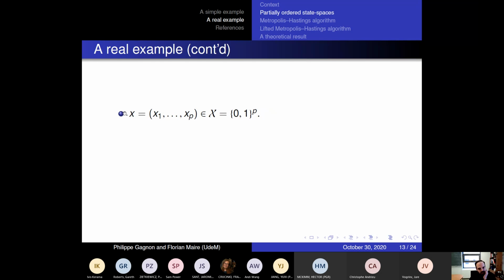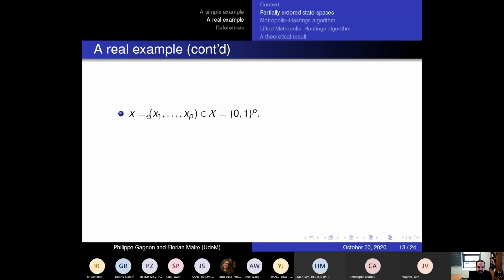So in this case, X will not be written as a subset of the integers because there are no principal components as before. So we want to consider every model. So we write in this case X as a vector of P components. Okay, so as before, we integrate out the parameters, and we have access to the unnormalized posterior model probabilities.